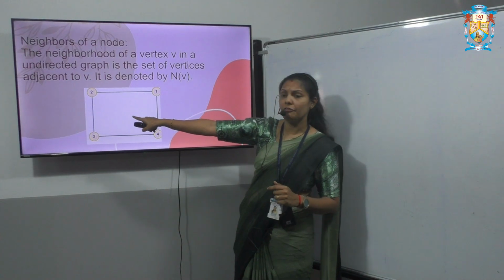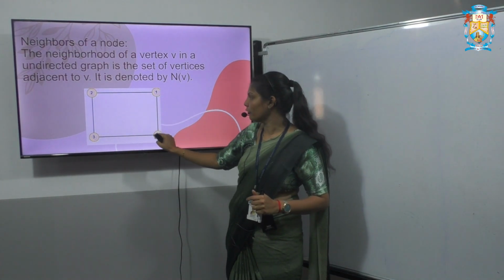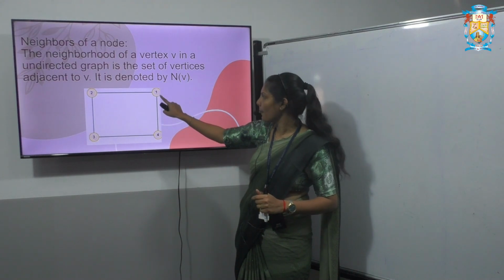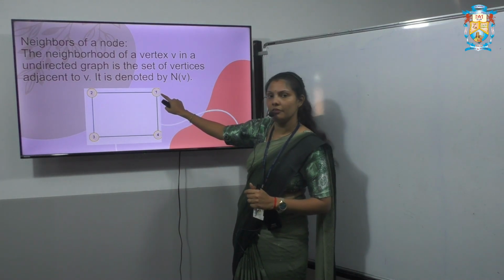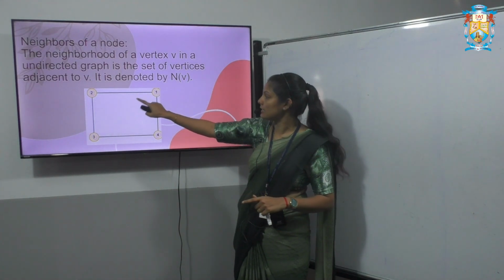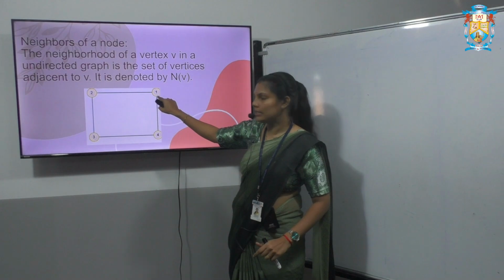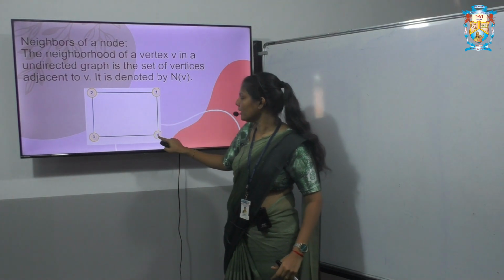Now in this graph you can observe there are a total of 4 points, that is 1, 2, 3, 4, the 4 vertices. If I consider the first vertex 1, you have to see which are the adjacent vertices. You can observe here for 1 the adjacent vertices are 2 and 4.